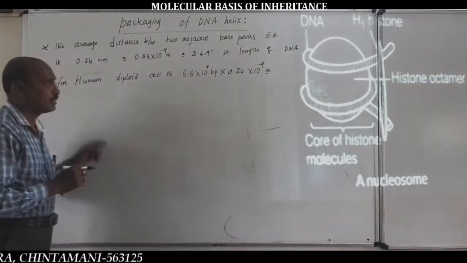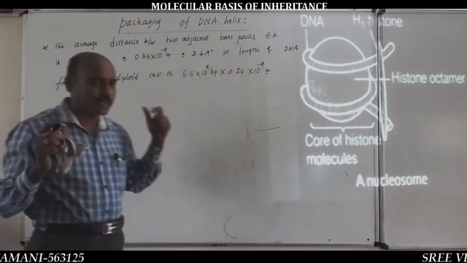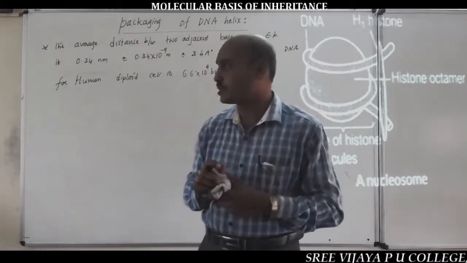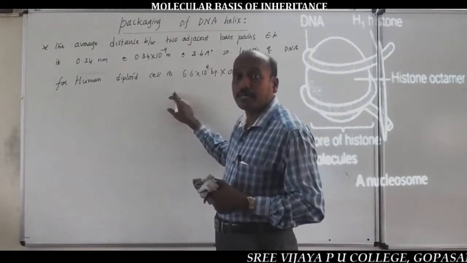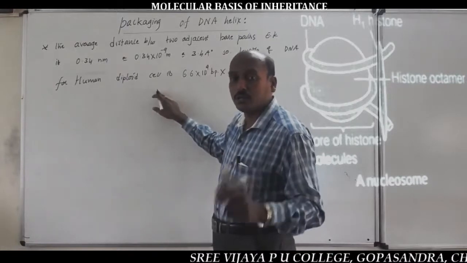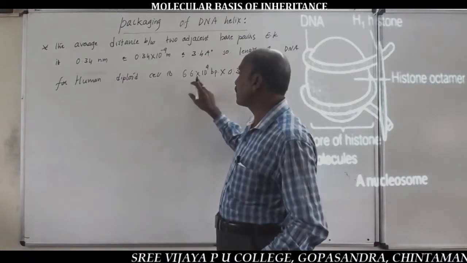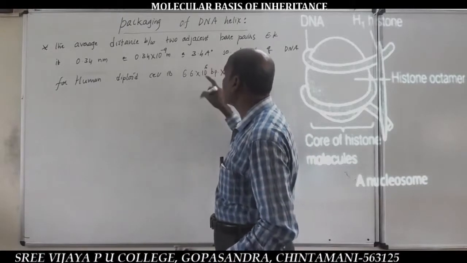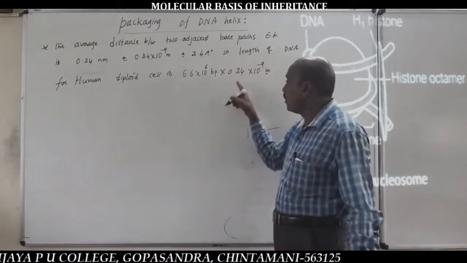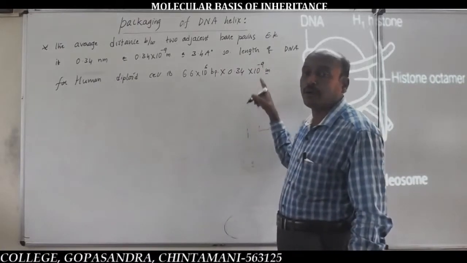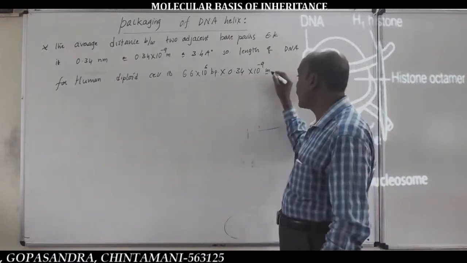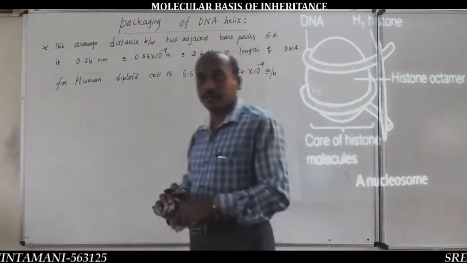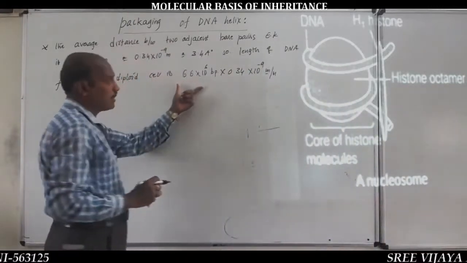You should remember, the length of DNA is for the human diploid cell, never the haploid cell, never the genome. It should be the diploid cell: 6.6 into 10 to the power 9 base pairs multiplied with 0.34 into 10 to the power minus 9 meters per base pair.